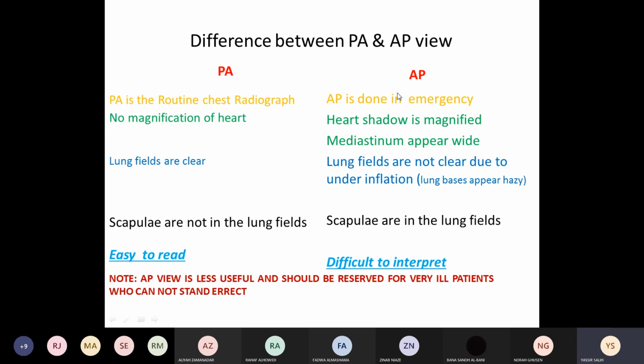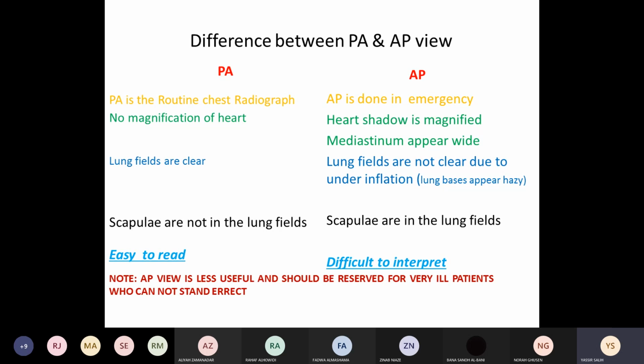But in AP view, the heart shadow appears enlarged. That means there is an increase of the heart shadow in AP. Therefore, if we do a chest X-ray AP and there is increased heart shadow or heart opacity, we are not confident whether this heart shadow increase is due to the technique or due to pathology.